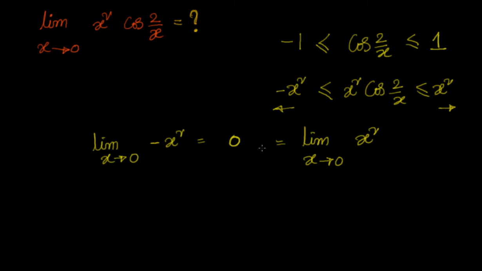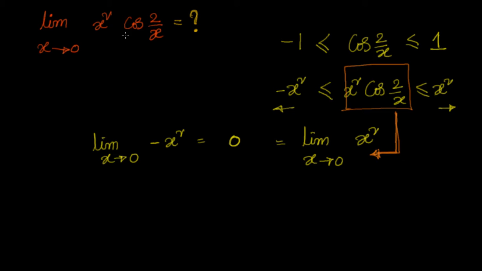The limit value is 0. So at that time I can go ahead and say the function which is in between, that is x square cos 2 by x, also has a limit and the value is equal to 0.